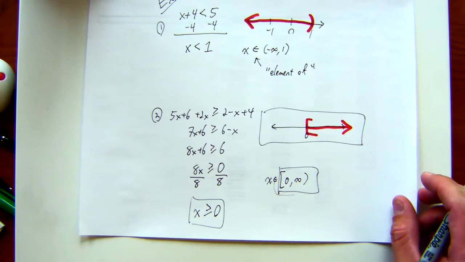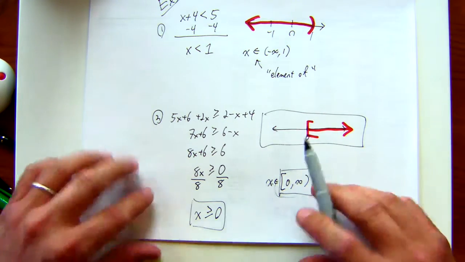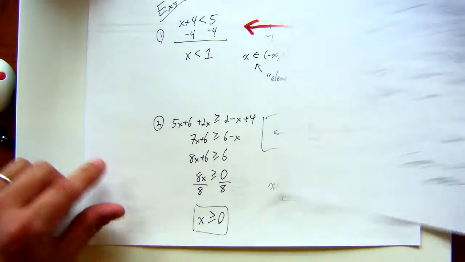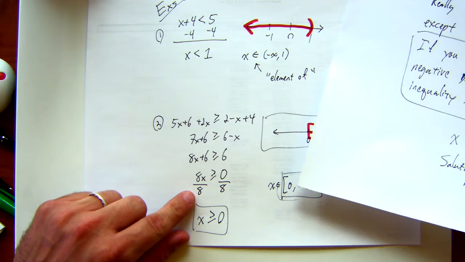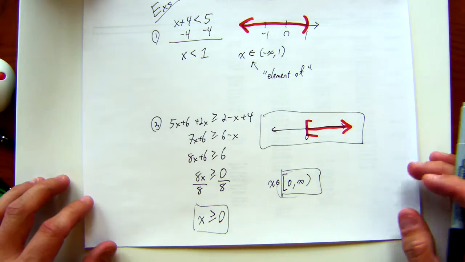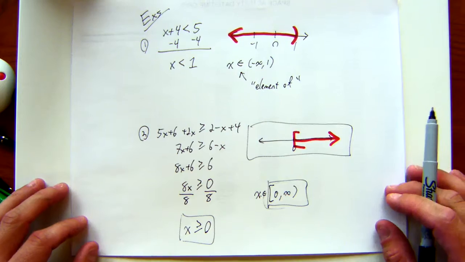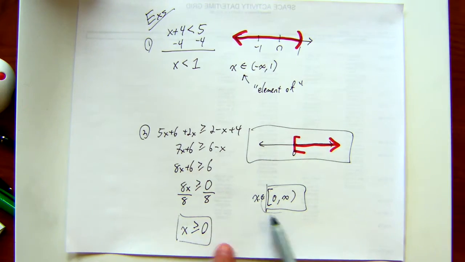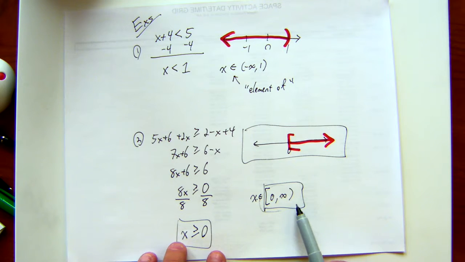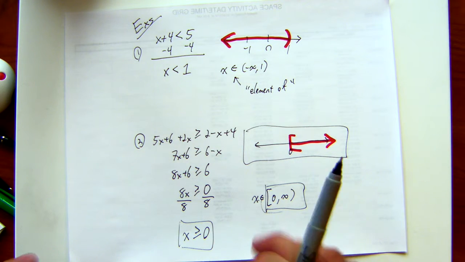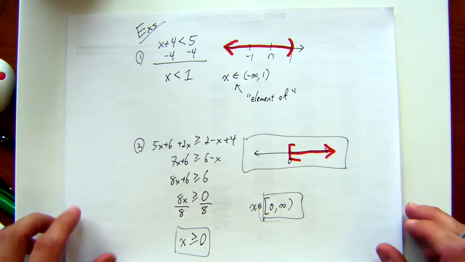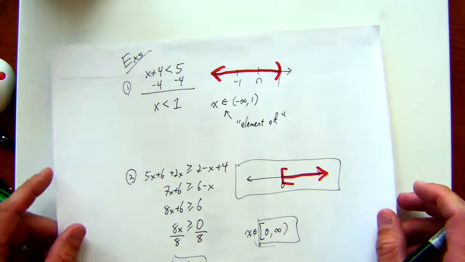Yep. If you divide by a negative number, but I divided by a positive. Great question. If I want the graph, I'll ask for the graph. If I don't say graph it, then I'm looking for these two. I'll be pretty specific about writing your answer in interval notation. Good questions. Anything else?